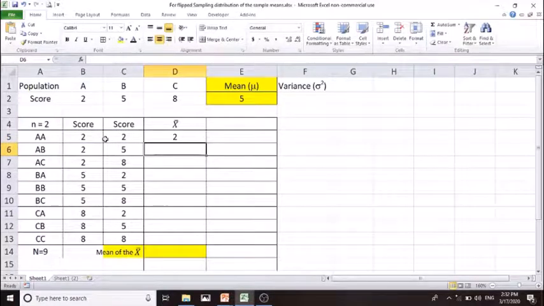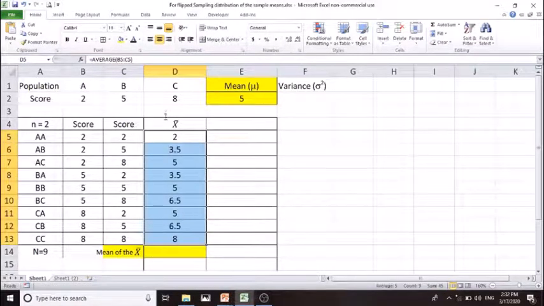Then I'll just copy paste or drag this one. So we have the sample means of each sample or pair. We will now find the mean of the sample means.